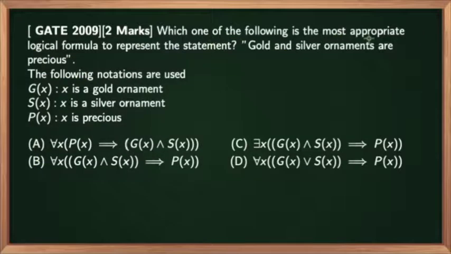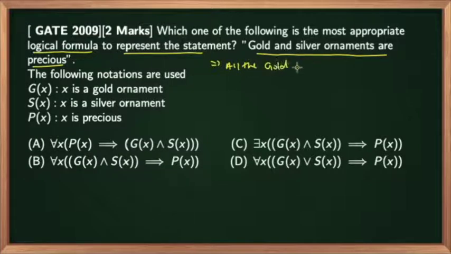Which one of the following is the most appropriate logical formula to represent the statement gold and silver ornaments are precious? Okay, so what it means is all the gold and silver ornaments are precious. Okay, so we have to start with all x. Now it's given that g of x is gold ornament and s of x is silver ornament, right?